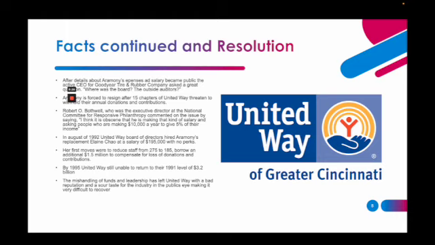Robert O. Bothwell, the executive director of the National Committee for Responsive Philanthropy, commented on the issue by saying, "I think it is obscene that he is making the kind of salary he's asking. I think it is obscene that he is making that kind of a salary and is asking people who make only $10,000 a year to give 5% of their income," which I think is a fantastic point.